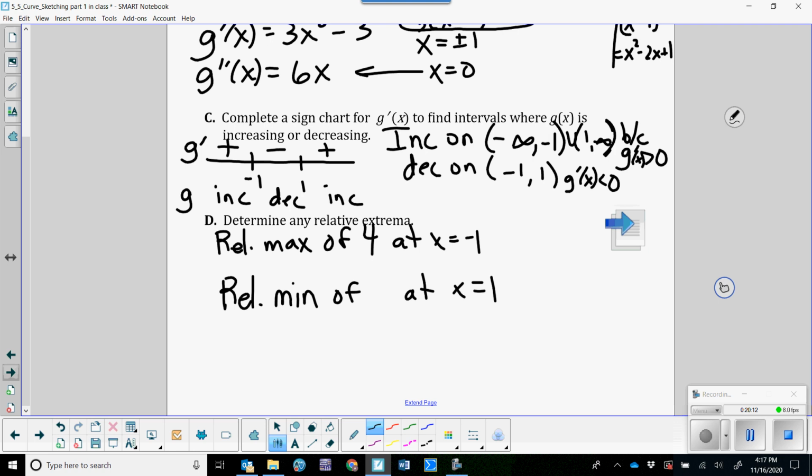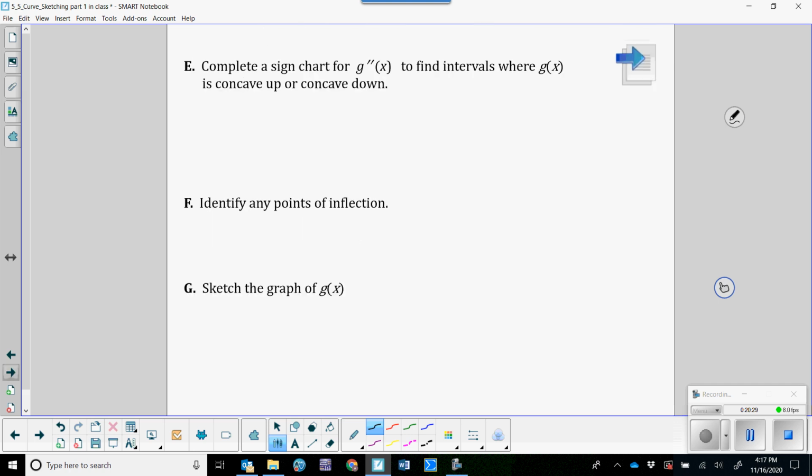So I get a relative min of 0 at x equals 1. Okay? And then my reasons would be because G prime changes from positive to negative and negative to positive, to give you reasons. Okay? E wants me to make a sign chart for G double prime.